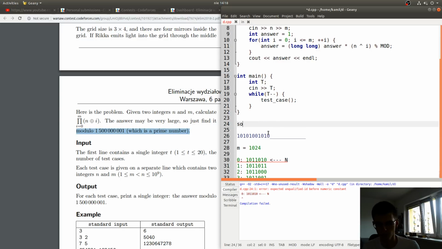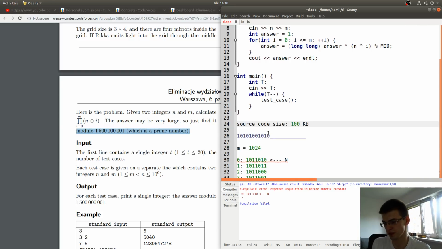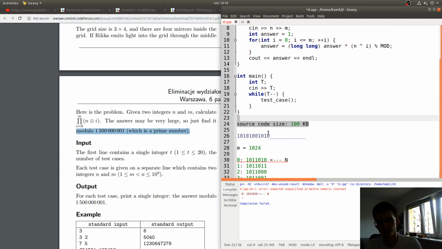So usually there's something like source code size 100 kilobytes. And if we are allowed 100,000 characters, it means we can have in our code something like 10,000 numbers, each of size 10 digits long.